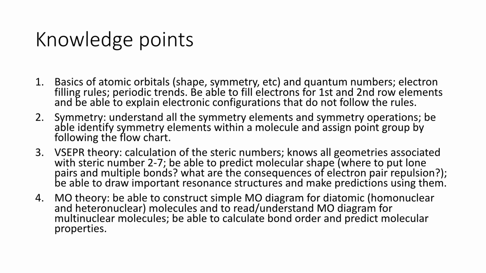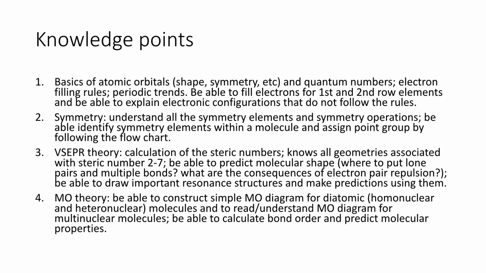Okay. In the molecular orbital theory, my expectation is that you should be able to construct simple MO diagrams, and simple means for diatomic molecules, and the diatomic molecules could either be homonuclear or heteronuclear. You should be able to correctly connect the MO energy levels with the corresponding atomic orbital energy levels.